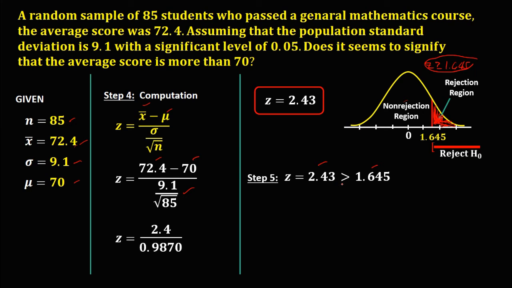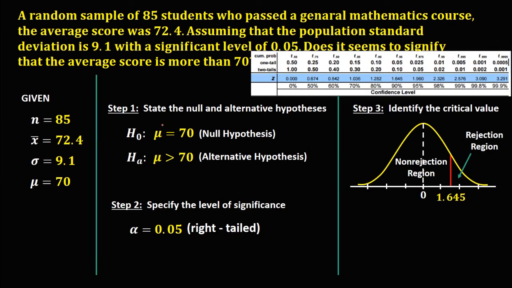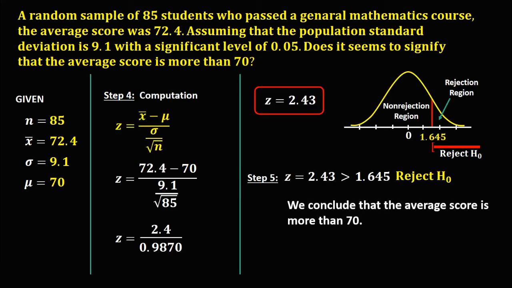Since the value of Z is greater than 1.645, Z belongs to the rejection region, so we reject the null hypothesis. Since we reject the null hypothesis, we accept the alternative hypothesis. So we conclude that the hypothesis mean is greater than 70, that the average score is greater than 70.